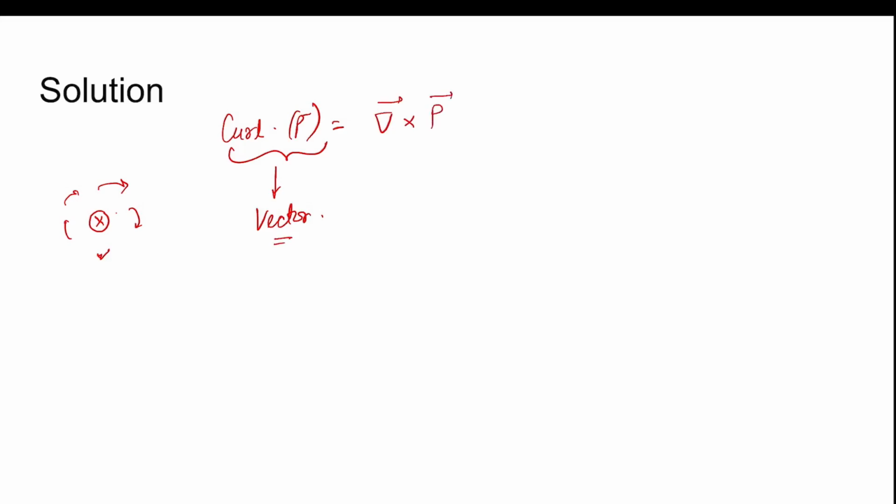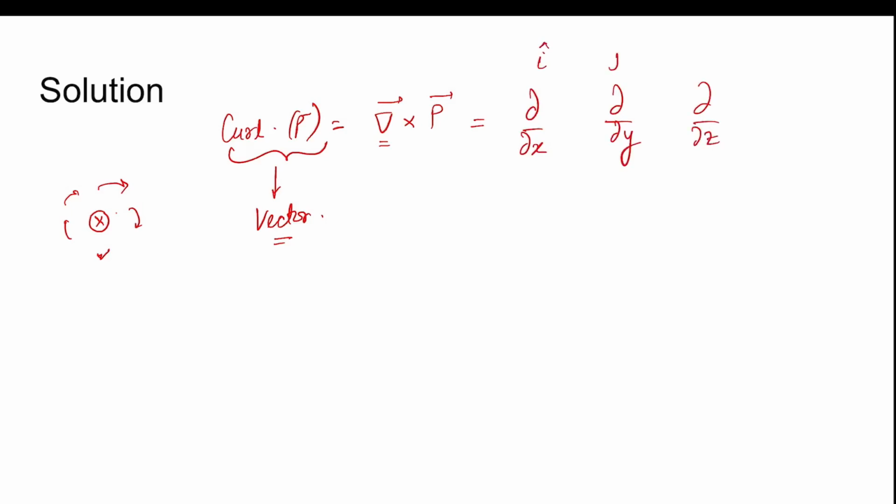Now coming to find the curl of P, which is a vector. For its direction, if this is the vector field, you curl your right hand and the thumb points in the direction of the curl. Its magnitude is given by taking the cross product with this operator, and you also get the direction along with it. So now we need to do the derivative and find the cross product.